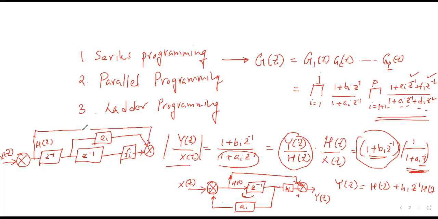So all of them will be additive. Eventually, this will give you Y(z). And whatever the feedback, as it says, the denominator will be feedback with negative. So negative sign. So the first one is basically c_i, so this one will be your c_i. Definitely negative sign. And the second one will be your d_i.